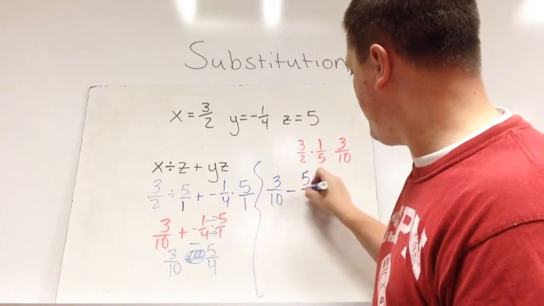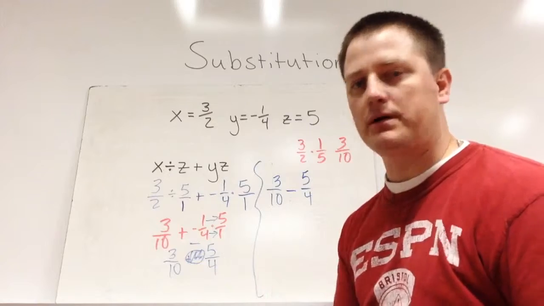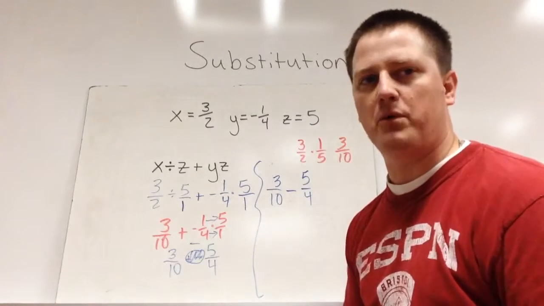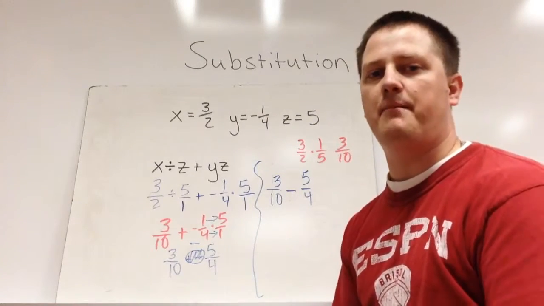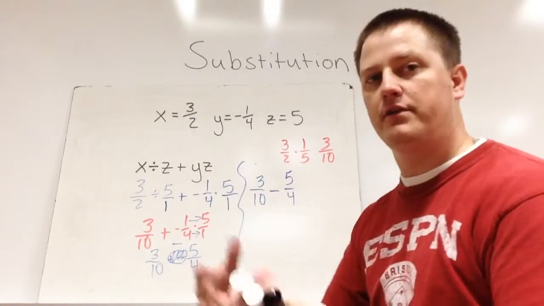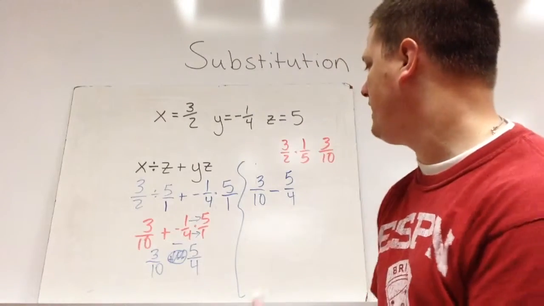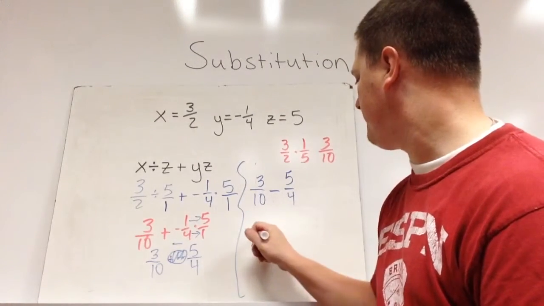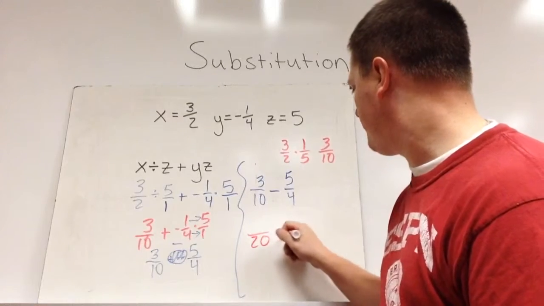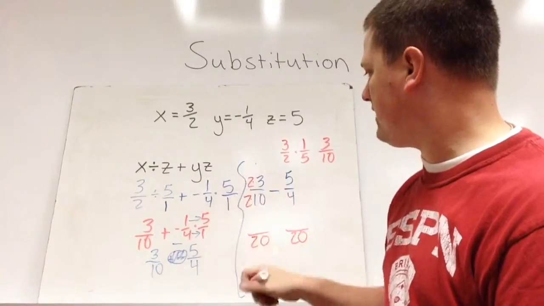minus 5/4. So we need a common denominator between 10 and 4. If we count by 4s, we're going to get to 20. If we count by 10s, we're going to get to 20. So I'm going to use a common denominator of 20. Could use something else, but 20 is the smallest one. So we're going to get 20 here and 20 here. Okay, you change a 10 into a 20 by multiplying by 2, so do that to the top.